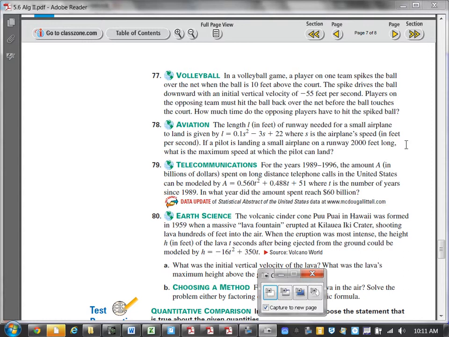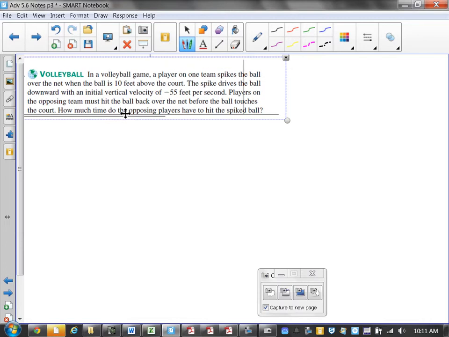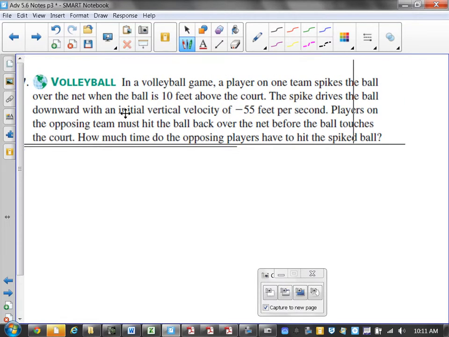Something like that. With the volleyball one, you're spiking the ball over the net that's 10 feet above the court. Your initial velocity is -55. So you're using that -16 t squared plus initial velocity plus your initial height. On the test, that would be there, okay?